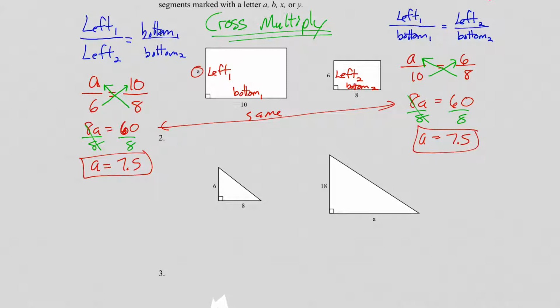Doesn't matter which way you do it, you're going to get the same thing. So, pick whatever you like. If you want to make the ratios within the shapes, that's fine. Or if you want to line them up shape to shape, that's also fine as well. Okay?